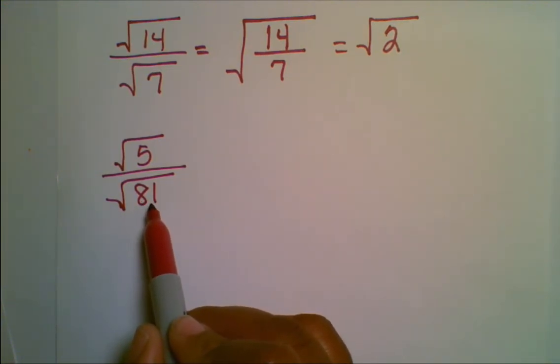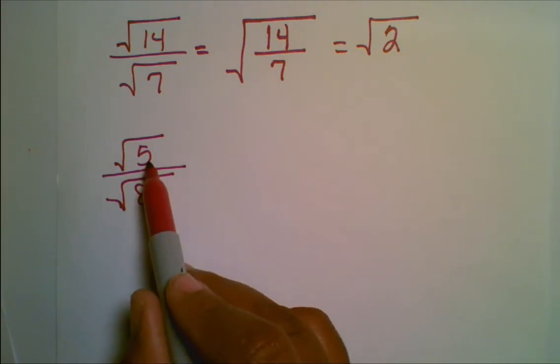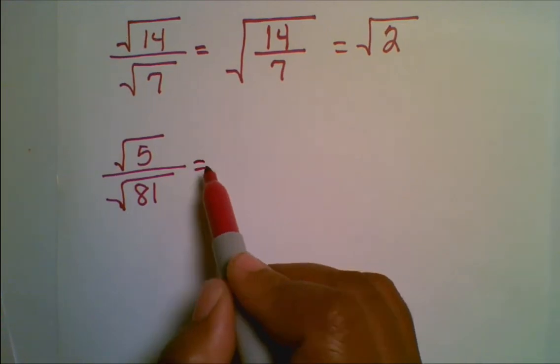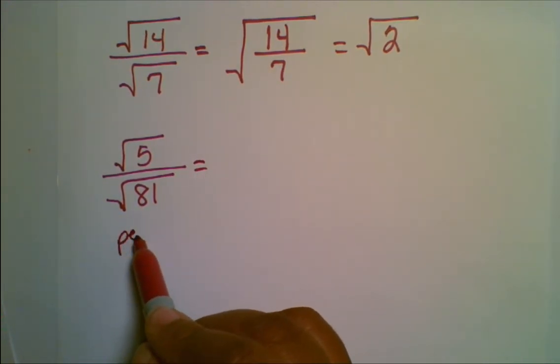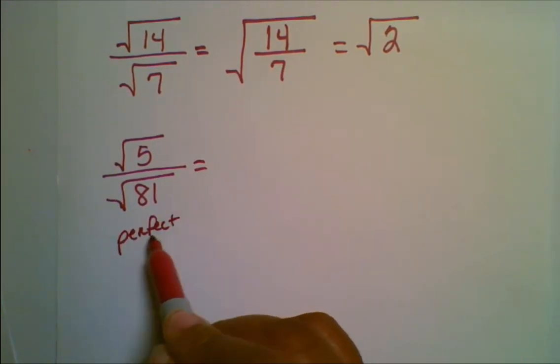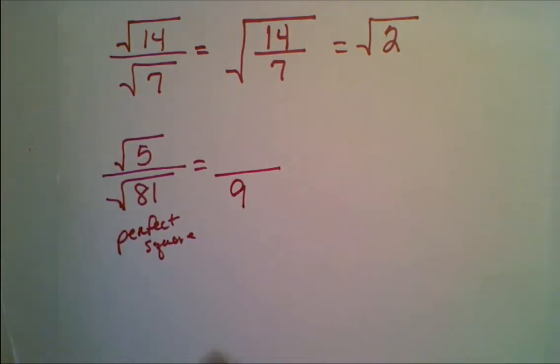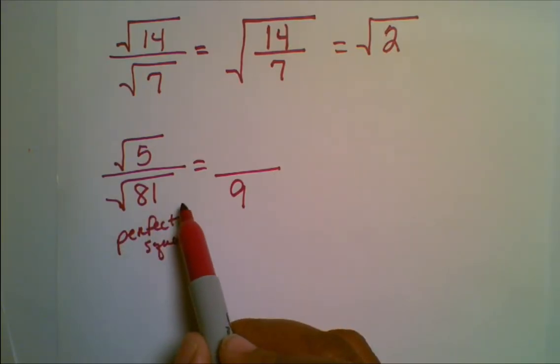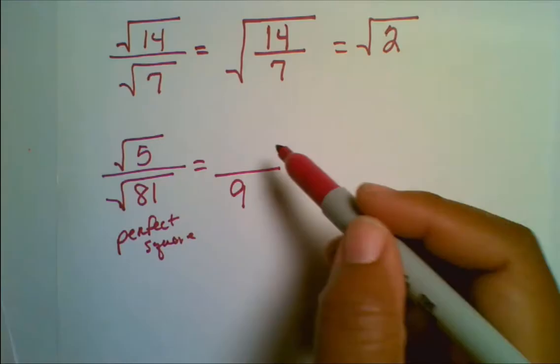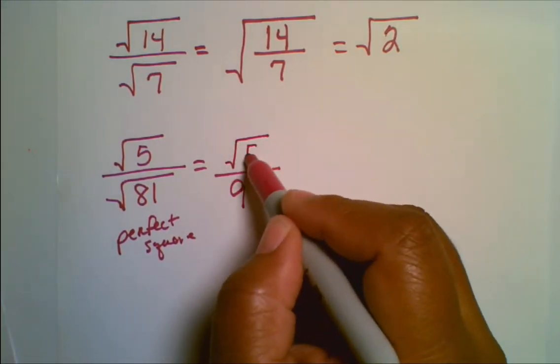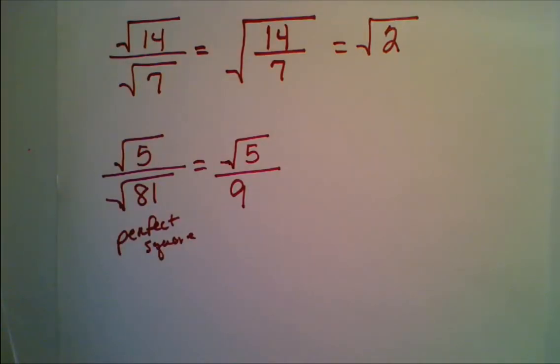We're not able to divide 81 into 5, but because our denominator is a perfect square or a perfect cube, we were able to take that square root, such as this example, the square root of 81, which is 9, and then we were able to keep the numerator the same.